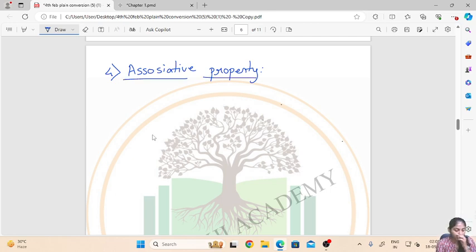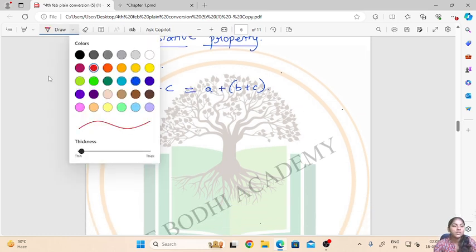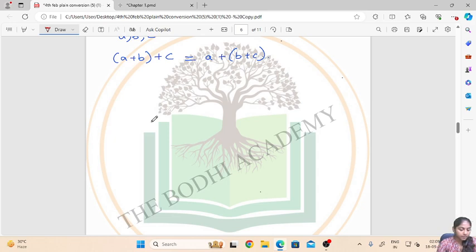Now what this property says is that if there are any three integers a, b and c, then a plus (b plus c) is equal to (a plus b) plus c. So let us see some examples and see if this property is true for integers.